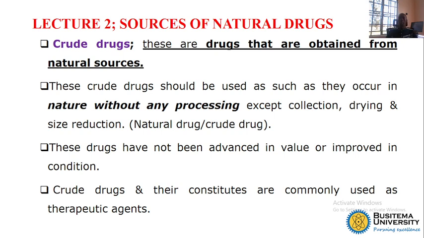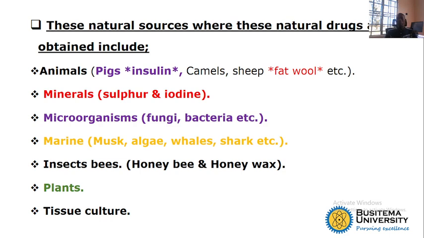We can obtain different crude drugs from different sources, with one of the major sources being plants, as you shall see. Crude drugs are obtained from plants, animals, minerals, microorganisms, marine sources, insects, and many more.